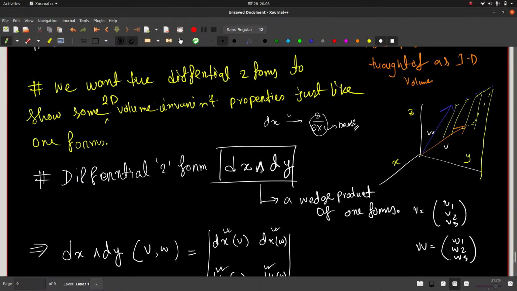Similarly, a differential 2 form measures the projection of this volume, or so to say area. If you consider 2 dimensions, you can call it an area, but for the general case we are regarding this as a volume. So what this differential 2 form does is that it takes some pairs of vectors, and when it does, it's already considering the space or the object that is spanned by those vectors, and it finds out the projection of the volume along these bases.